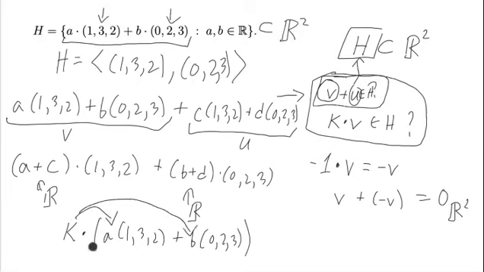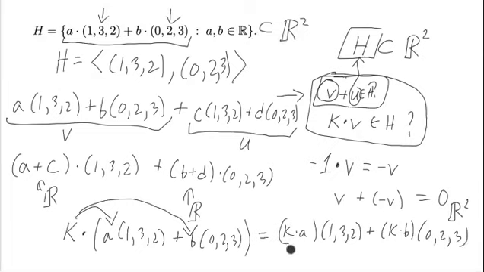When it distributes through, we end up getting (k times a) times (1, 3, 2) plus (k times b) times (0, 2, 3). Notice that this is a real number and that's a real number, and it matches the criterion for what it means to be in H, which means that when we apply a scalar to any vector in H, we're again in H. So therefore, it is closed. We have just shown that this span is a subspace.